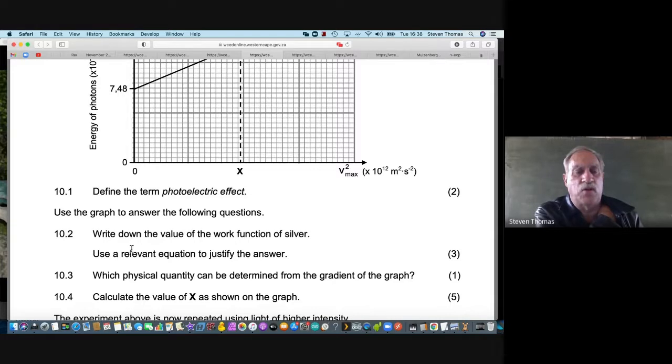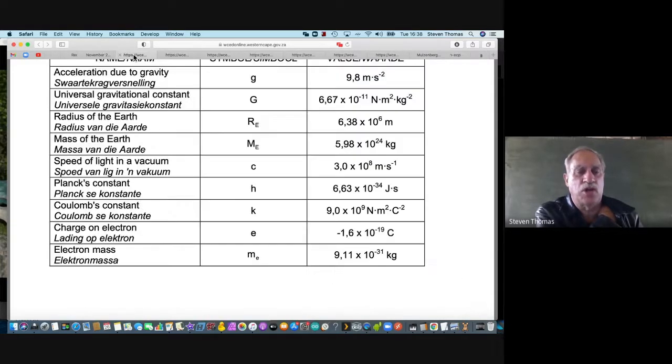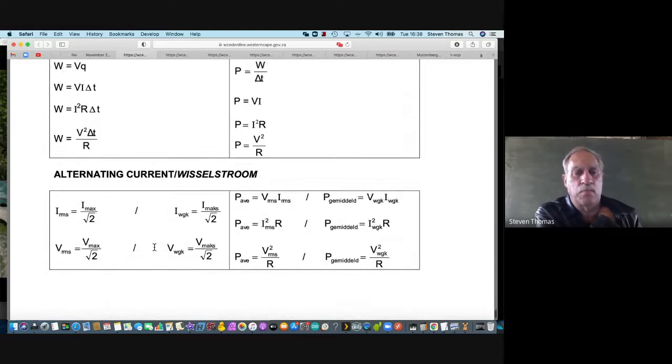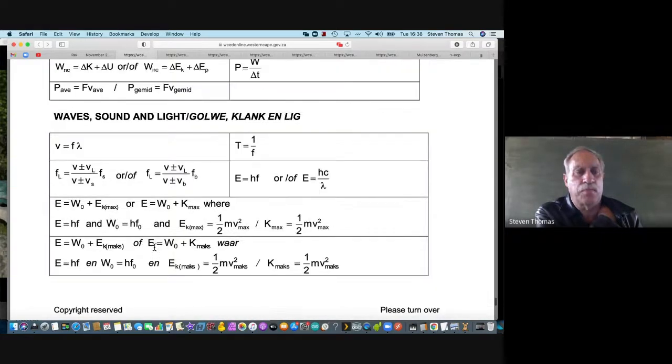Use a relevant equation. So let's go back to our equations for waves. So we know the energy is, when our work function is 0, energy equals work function plus kinetic energy.